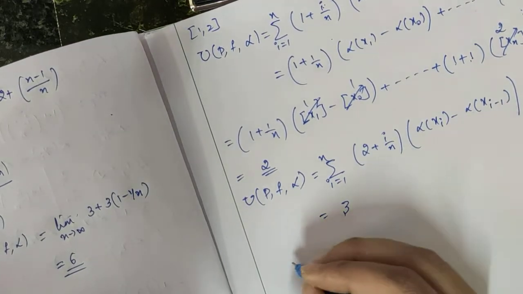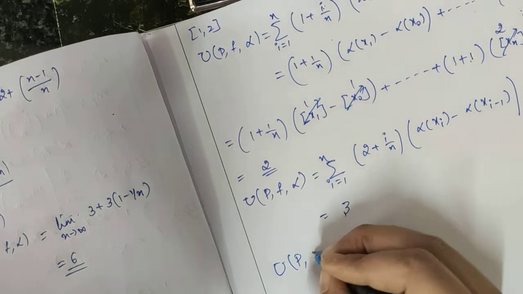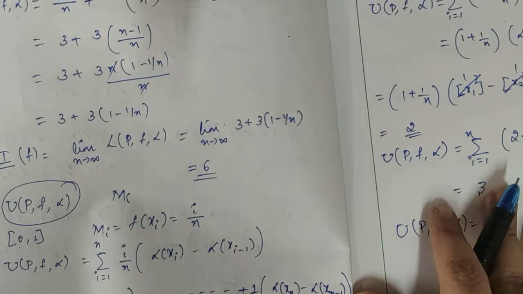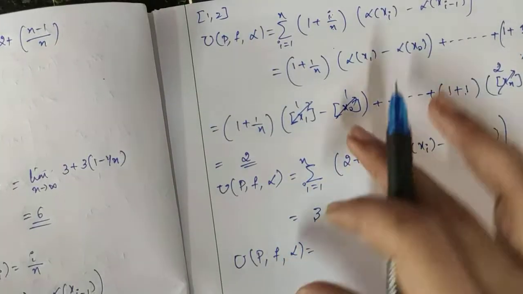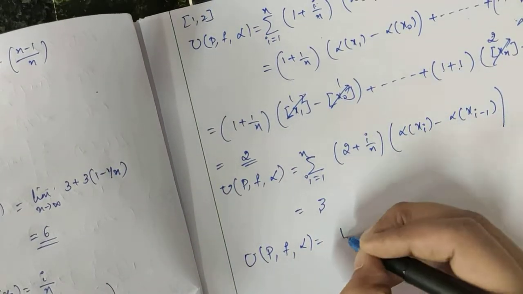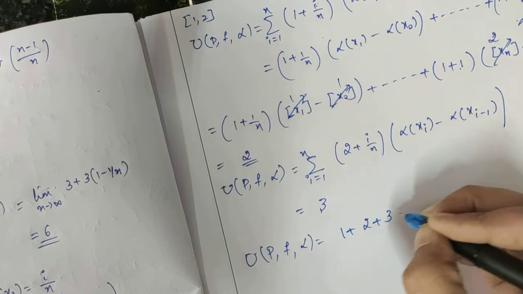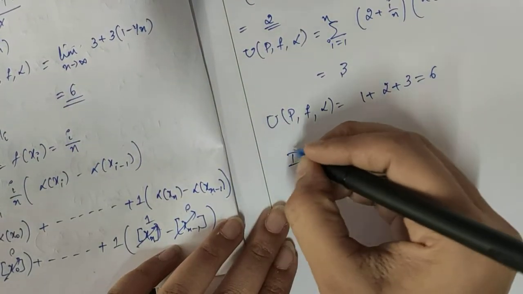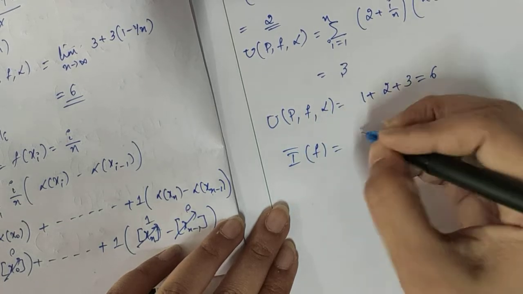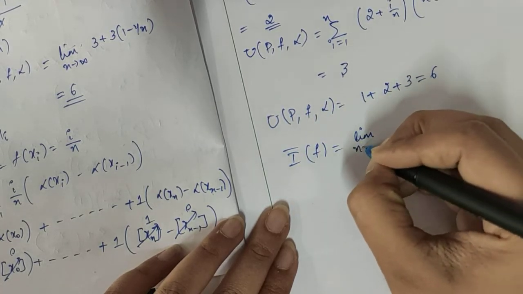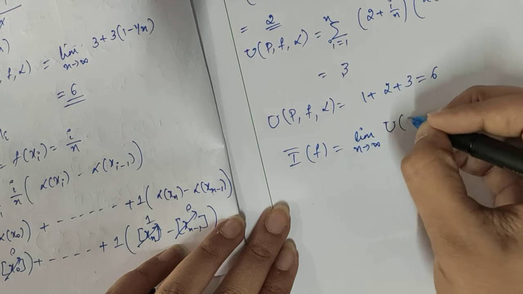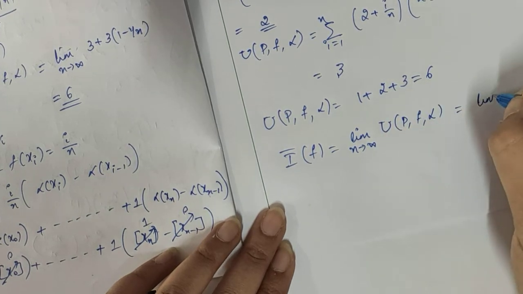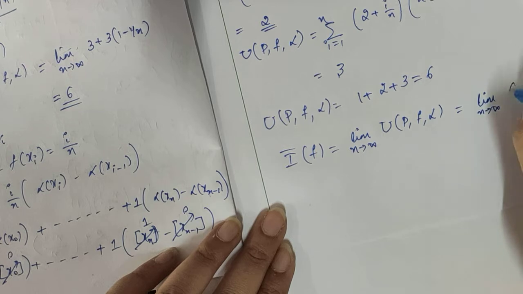Okay, so now what is the actual partition, that is the overall partition? We have to add this and these two, that is 1 plus 2 plus 3, it is 6. I can write this as the upper bound of f is equal to limit n tends to infinity U of P comma f comma alpha, that is equal to limit n tends to infinity 6.